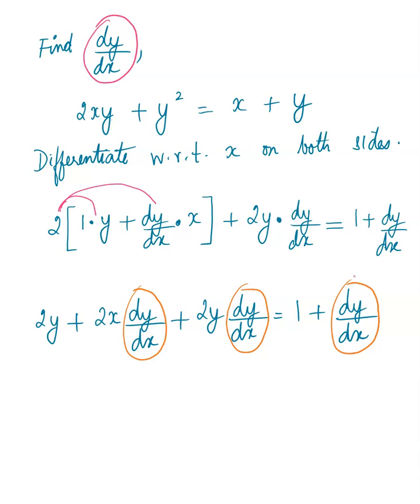What I'm thinking of is doing a two-way switch. So I'm going to subtract dy over dx on both sides so that I can collect them all on the left. And I'm going to subtract 2y at the same time so that I can move the 2y to the right. So I am basically trying to bring this to the left and move this to the right.